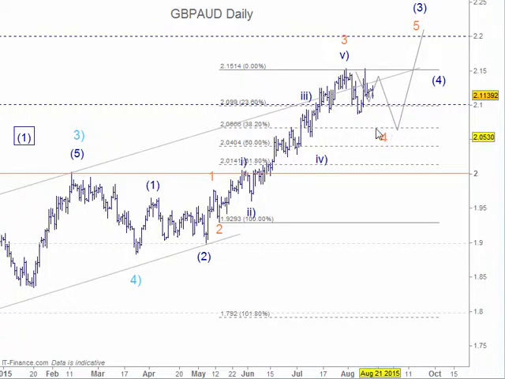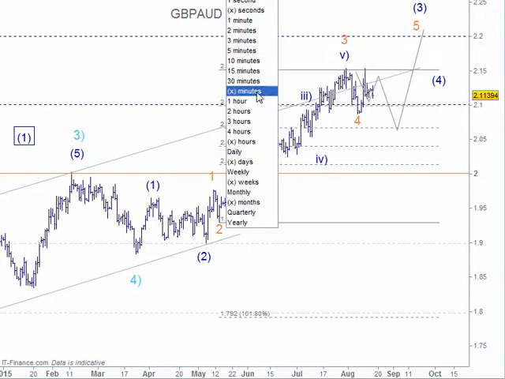So it's possible that the move down here is just the A wave, a B wave up here, and a C wave down through to here. So that's on my mind. It's also possible that wave 4 is already completed in here.